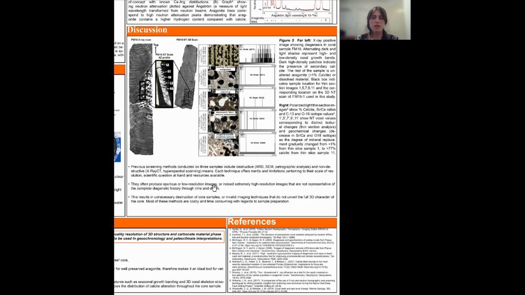It also results in unnecessary destruction of core samples or invalid imaging techniques that don't unveil the full 3D character of the core. And most of these methods are also quite costly and time-consuming with regards to sample preparation.